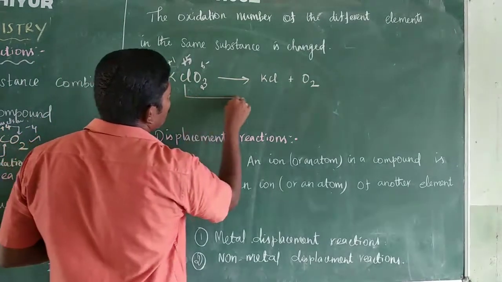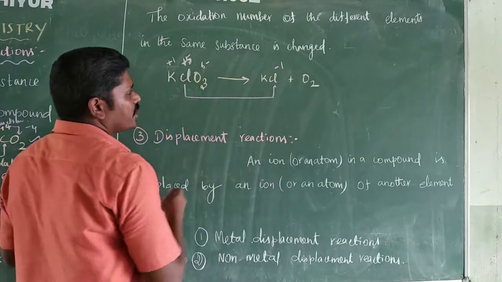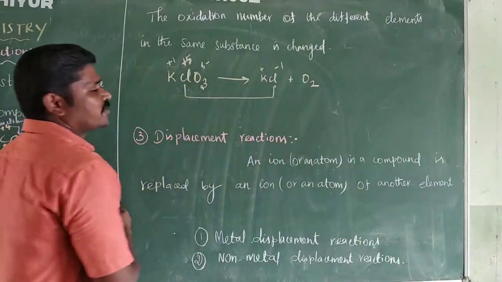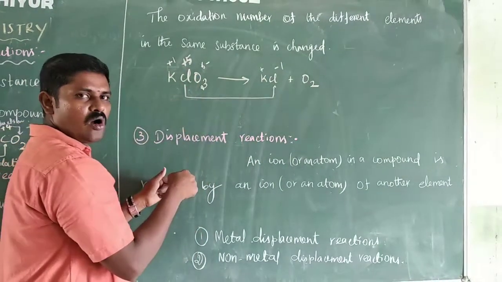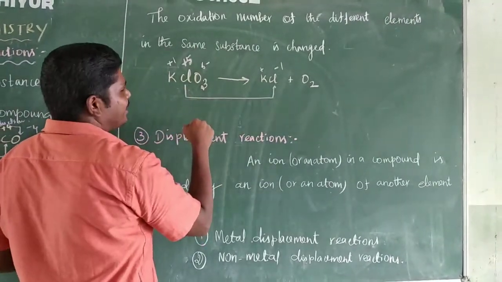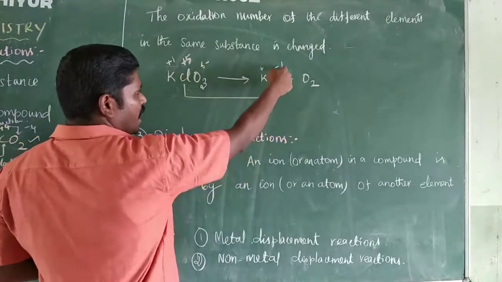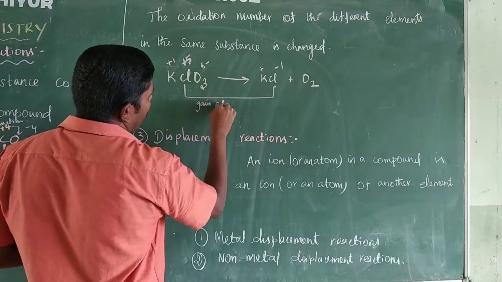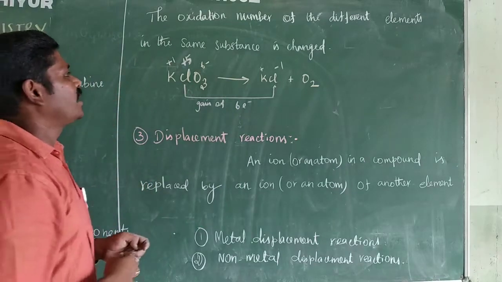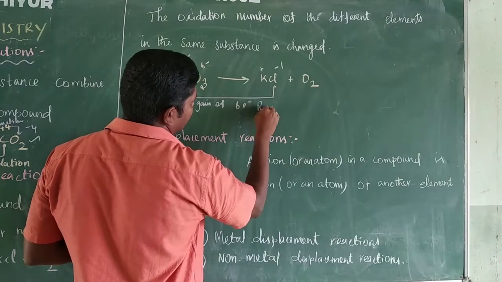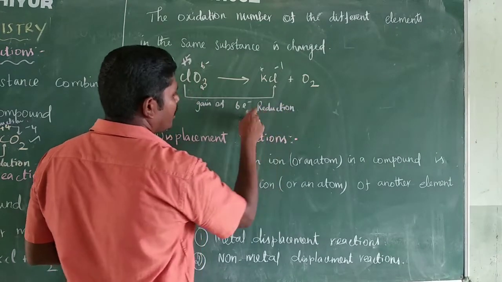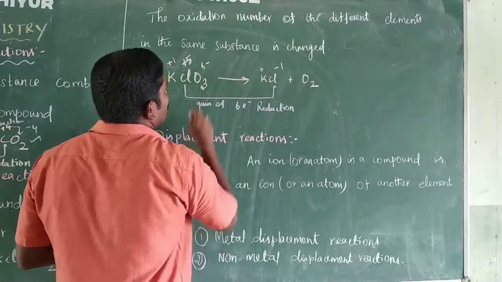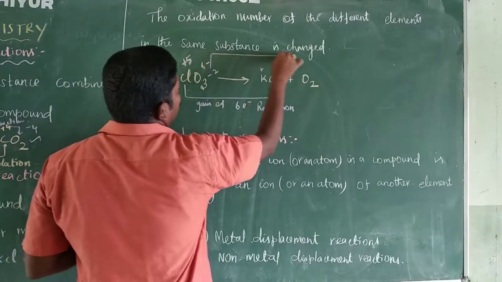Chlorine plus 5 goes to Cl minus 1, gaining 6 electrons. Gain of electron is reduction.